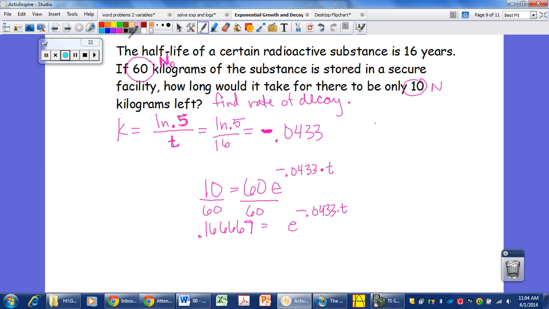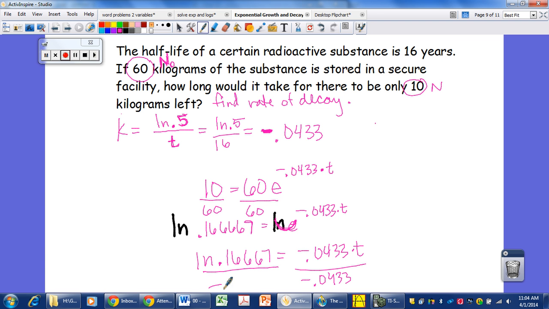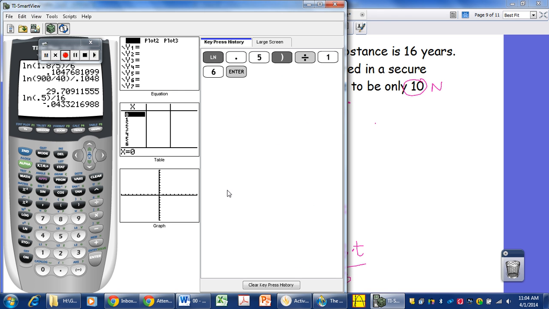Our second step is always to natural log both sides, which eliminates the e part. So we have the natural log of 0.16667, which I will do in a second, equals negative 0.0433 times t. And our last step is to once again divide by negative 0.0433.